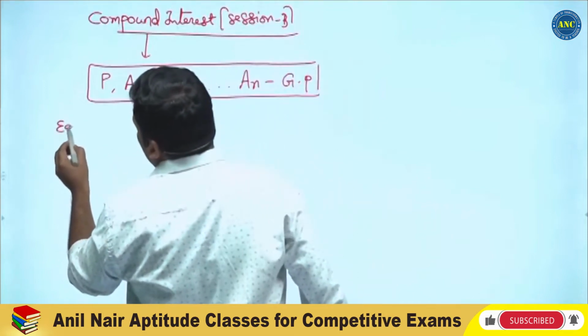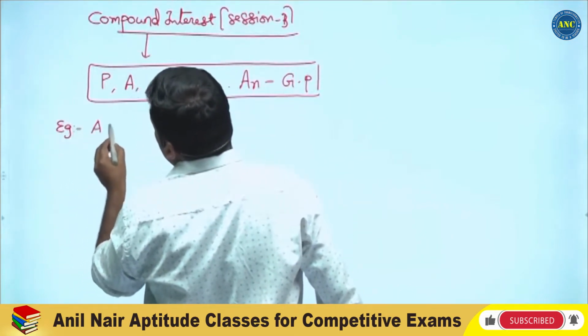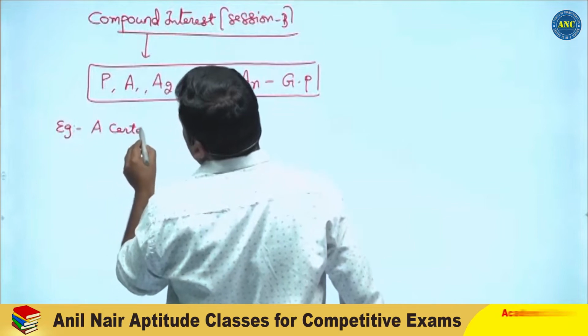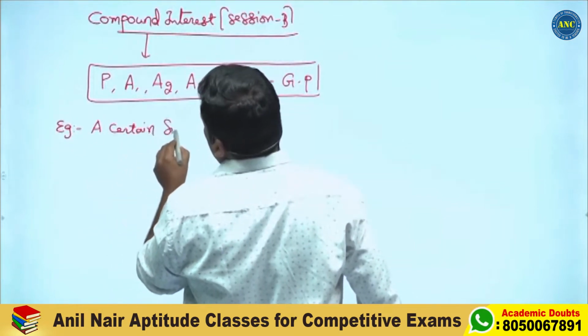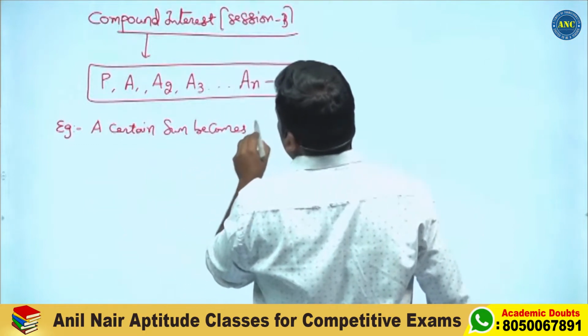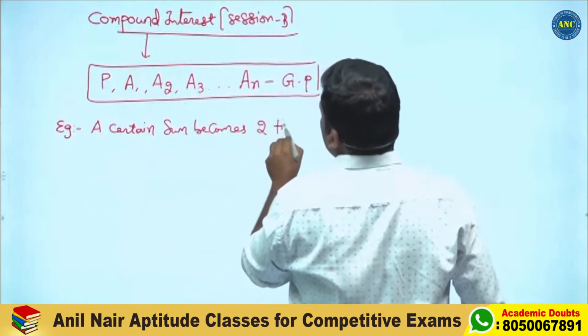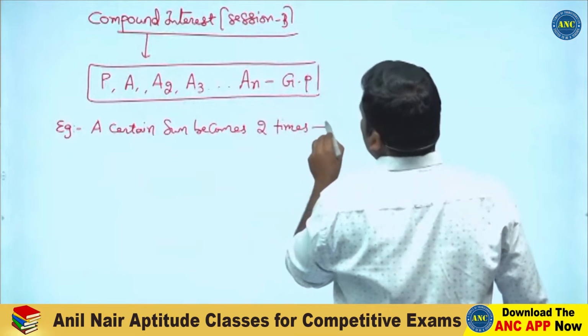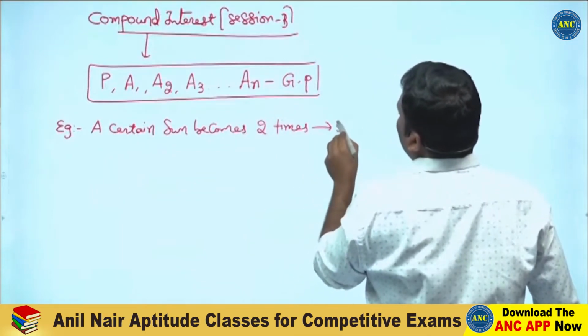Example. A certain sum becomes two times in 5 years.